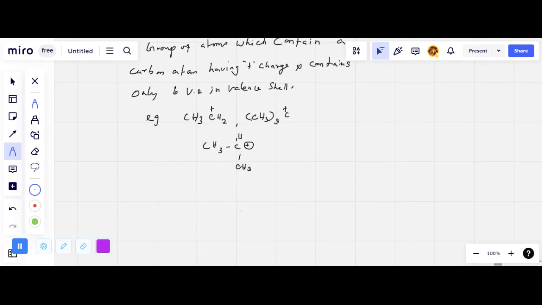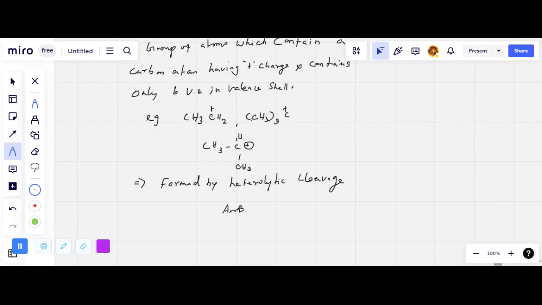Formed by heterolytic cleavage. What is heterolytic cleavage? For example, take AB, one compound. If the bond is breaking, we know that two electrons make one bond.